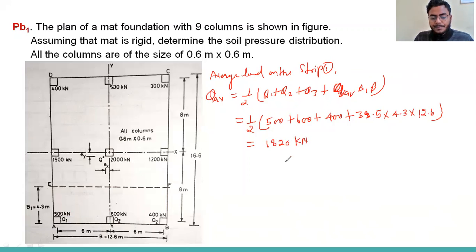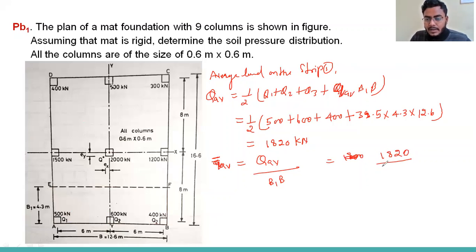You can check also. Now once we have the load, we can calculate the modified average soil pressure, Q bar AV, that is the load divided by B1 B: 1820 divided by 4.3 into 12.6.